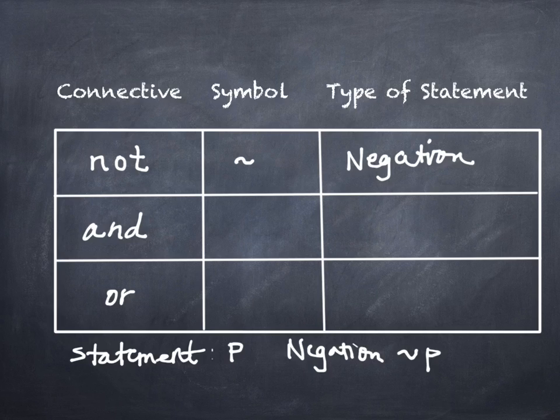The and symbol is an upside down V, and the or symbol actually is a V. Okay? The type of statement that is an and statement is called a conjunction. And the or statement is called a disjunction.